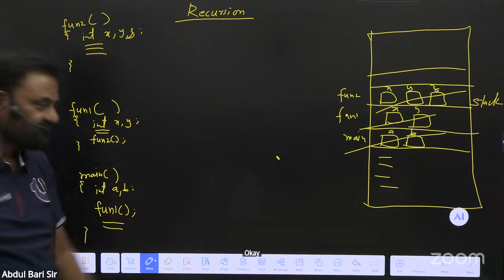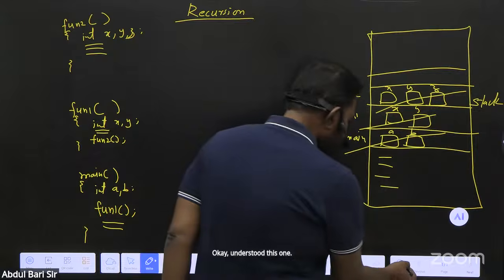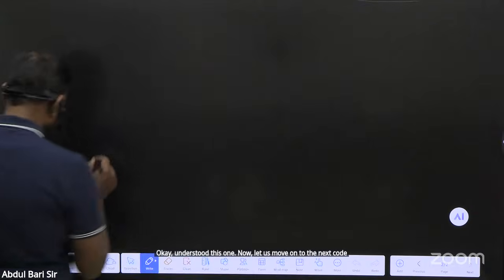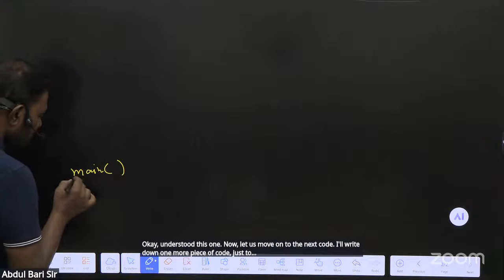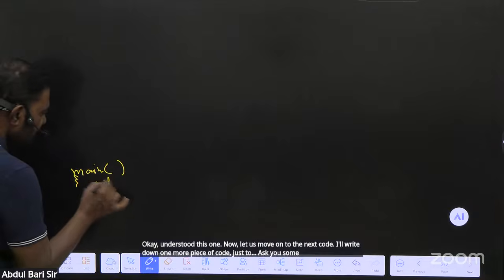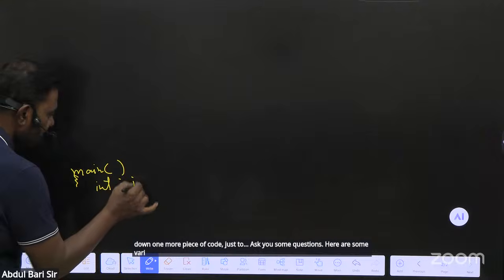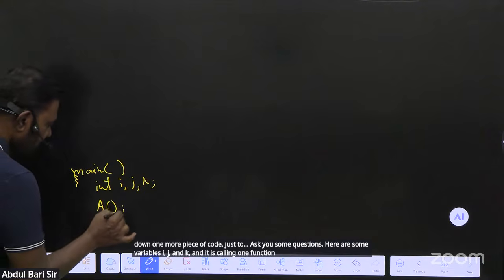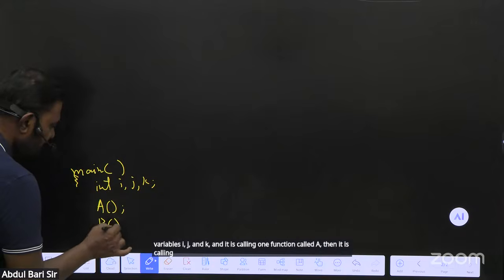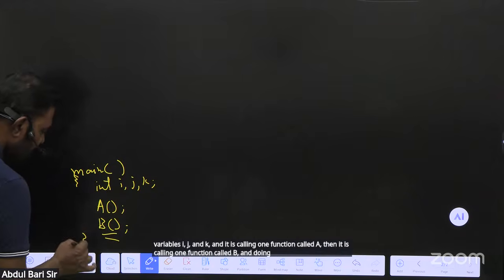Okay, understood this one. Now let us move on to the next code. I'll write down one more piece of code just to ask you some questions. Here are some variables i, j, and k, and it is calling one function called A, then it is calling one function called B, and doing some work and over.